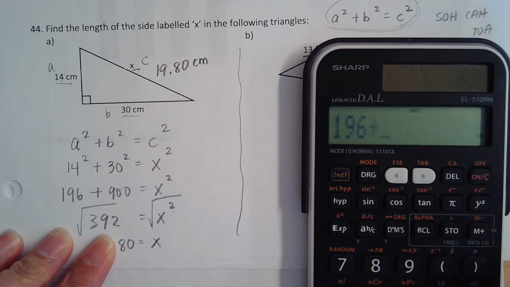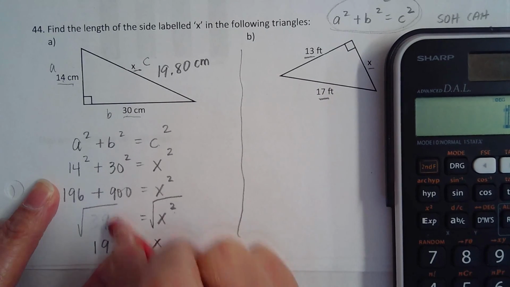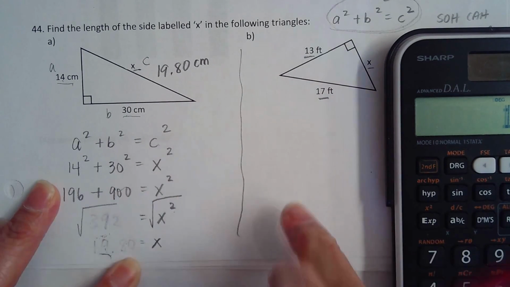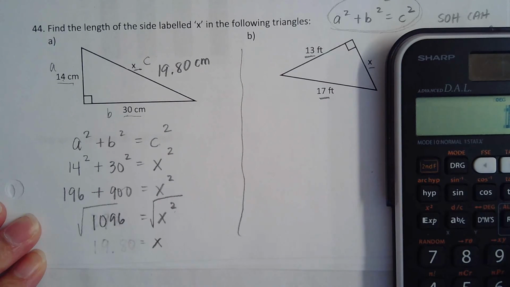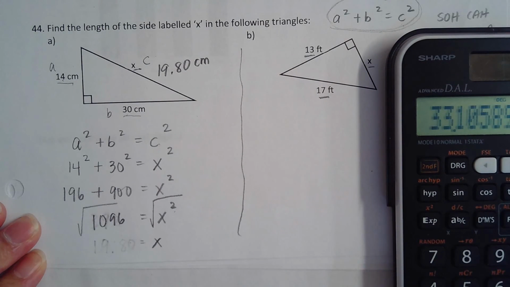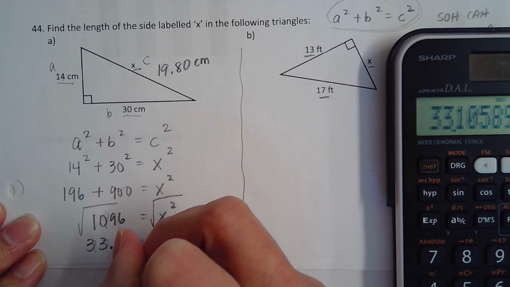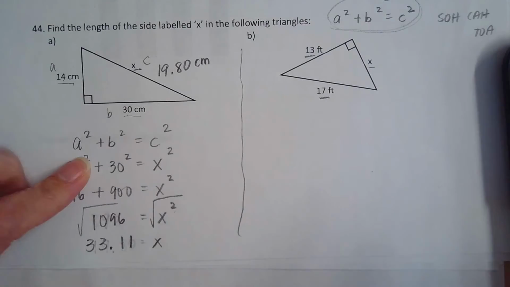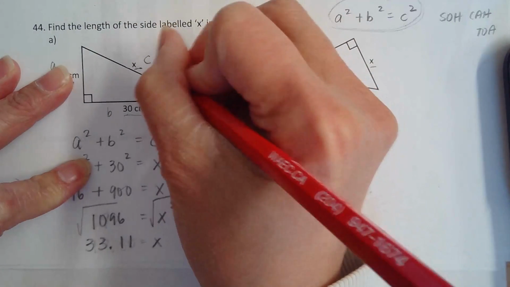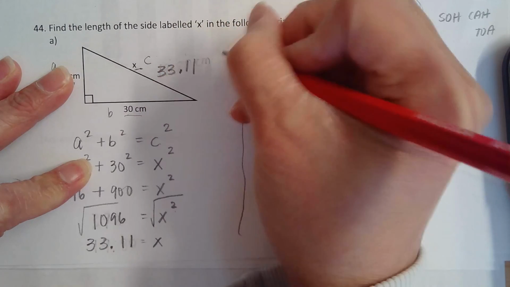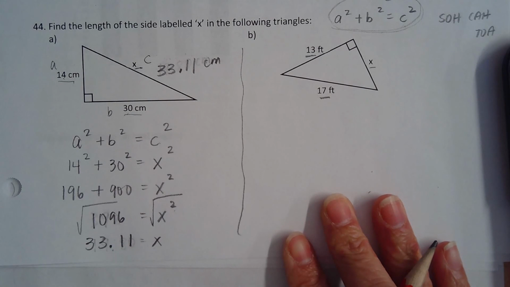So 196 plus 900 is 1096. Okay, thank you. And then the square root is 33.11. Yeah, we gotta take the square root.